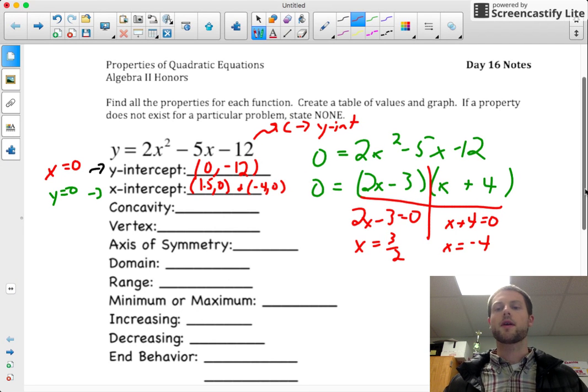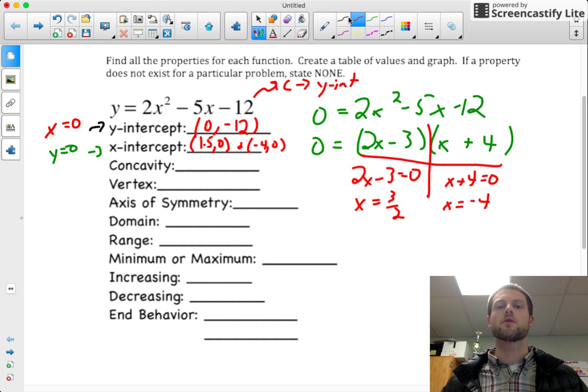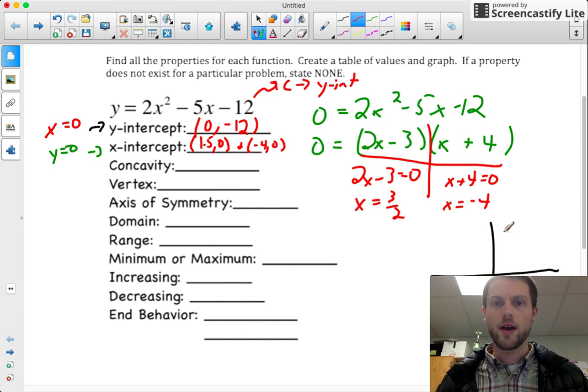So right now, I'm visualizing what's going on with this graph. It's always good to come up with some sort of a visual in your mind. I know I have this (0, -12) y-intercept. I know I have x-intercepts here at 1.5 and here at -4. So I know that I have something that looks kind of like this.